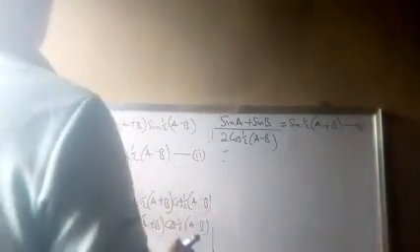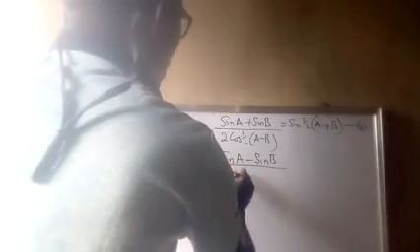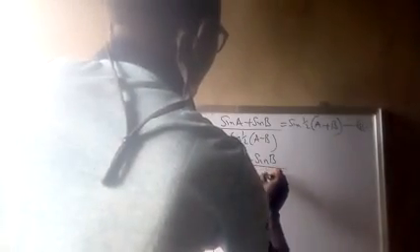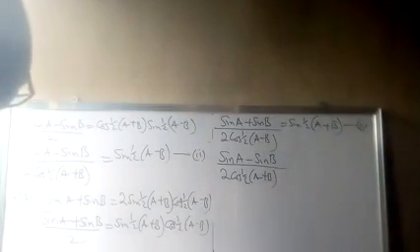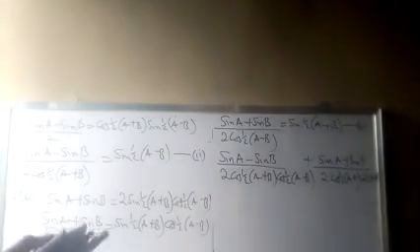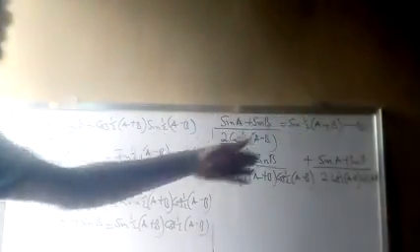So sine half into a minus b is sine a minus sine b all over 2 cos half into a plus b, and below that we have cos half into a minus b, then plus sine half into a plus b over cos half into a plus b. Sine half into a plus b is already this, so we now have sine a plus sine b all over 2 cos half into a minus b cos half into a plus b. I hope you are following. What we have just done is substituting equations 2 and 3 into equation 1.